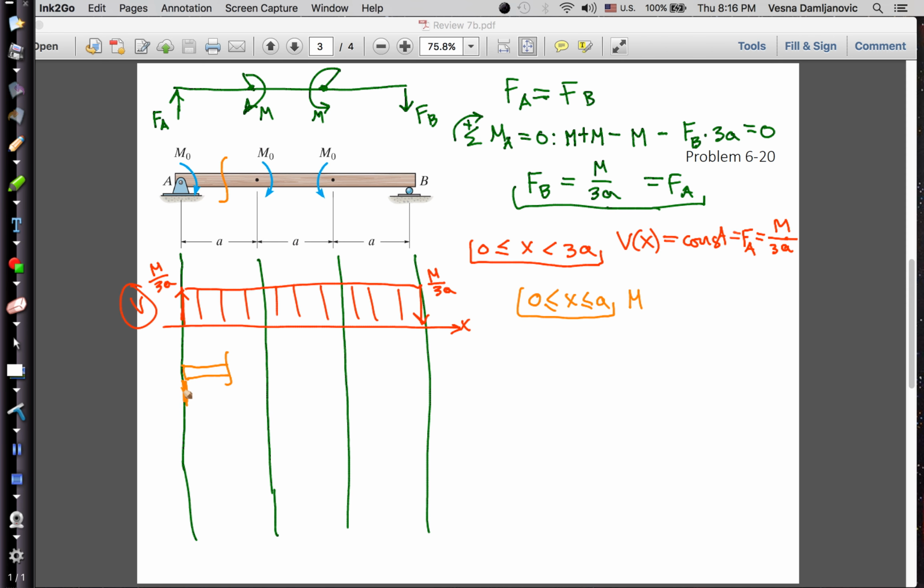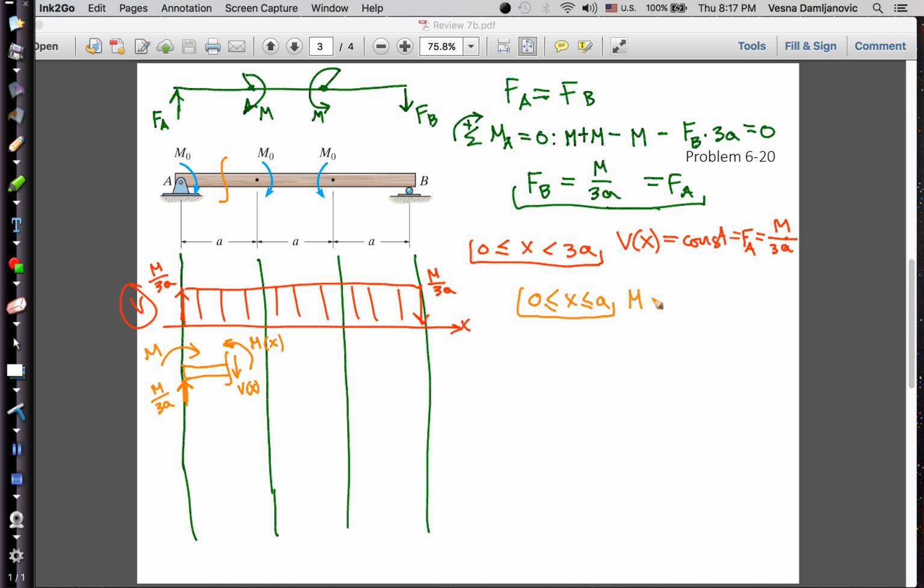We have a reaction here, okay? So that's equal to M over 3A. And then do we have anything else? We have this moment that acts right there, which is just M. But here we have reactions, right? We have the V of X, which is always going to be this. And then we have a moment that is acting in which direction? Probably in this one. So that's the moment M of X we're trying to calculate.